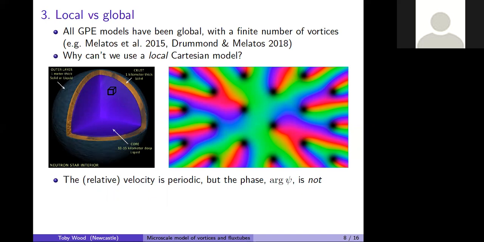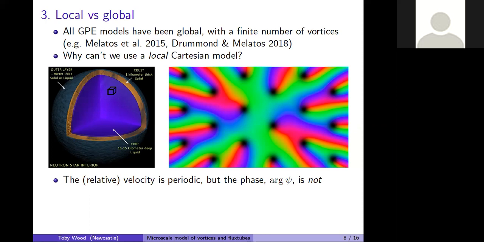This is a cross-section through a regular lattice of vortices. The black circles show the vortex cores, and the color shows the phase of the fluid on a rainbow color scheme. If you follow an anti-clockwise path around any of these black circles, you go once around the rainbow, from red to blue to green, back to red.